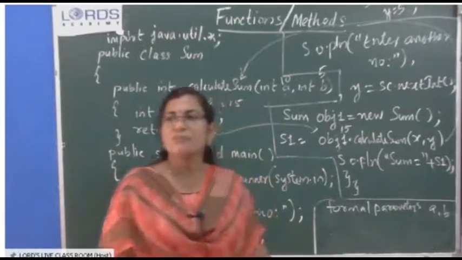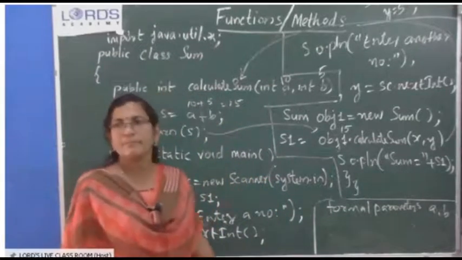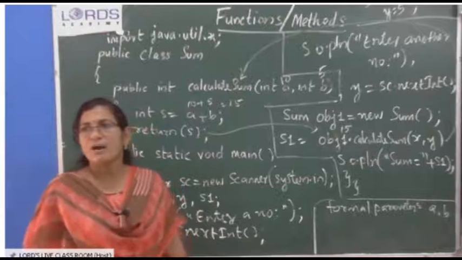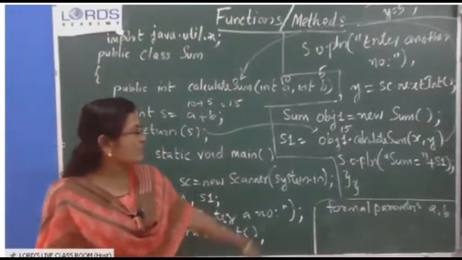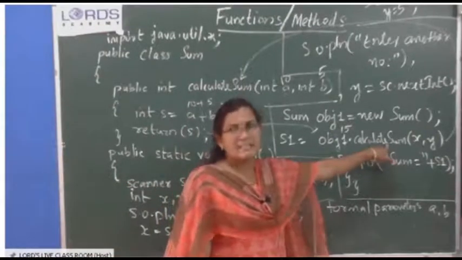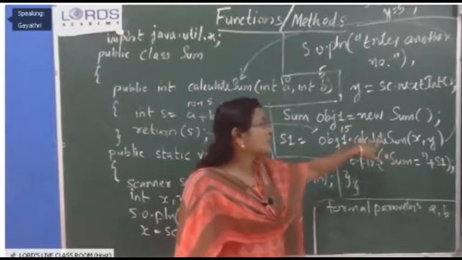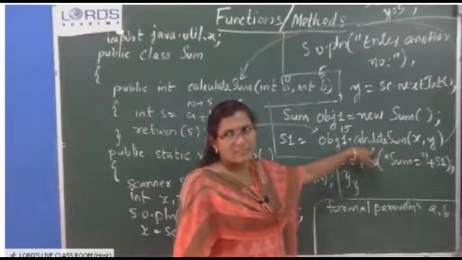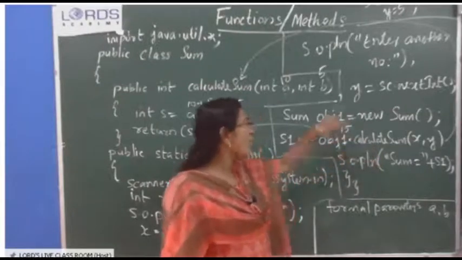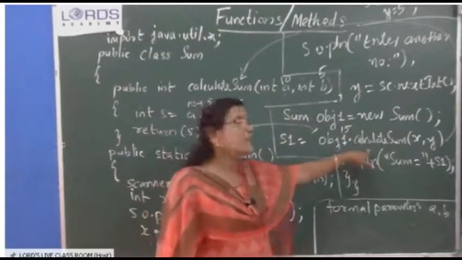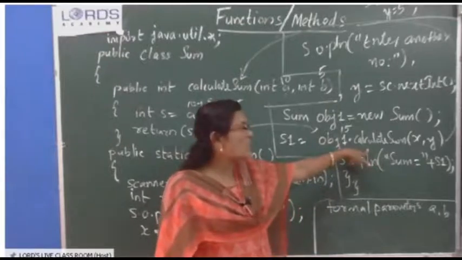From where did we invoke the function calculateSum? Where did we call the function calculateSum? obj1.calculateSum. Am I right? Here is the method call given in the program. We called calculateSum through the statement object dot method name.